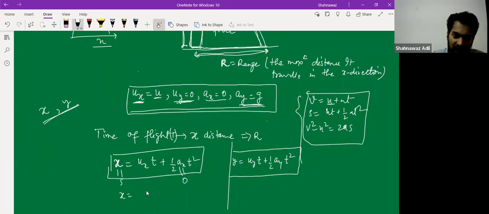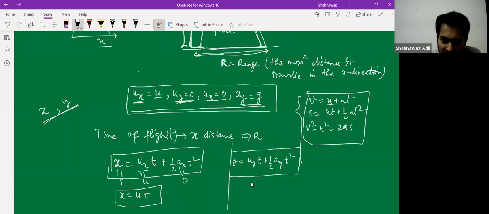So X will be what? UX is U. So this will be UT. Okay. Yes, sir. And for the UY part, you have what? UY is 0. So Y is what? Half GT square, right?